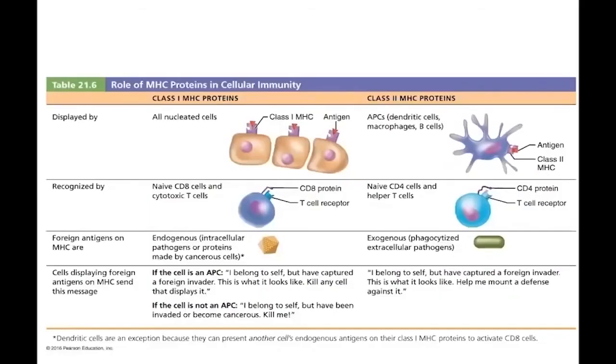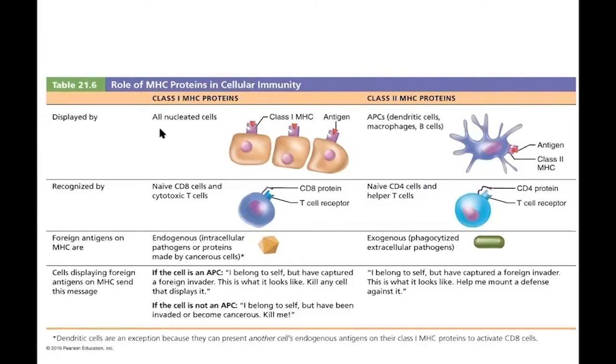There are two classes of MHCs, class 1 and class 2. Class 1 MHCs are going to be expressed on the membranes of all nucleated cells within your body. That means there is only one type of cell that does not have a class 1 MHC, and that is a mature erythrocyte or red blood cell.